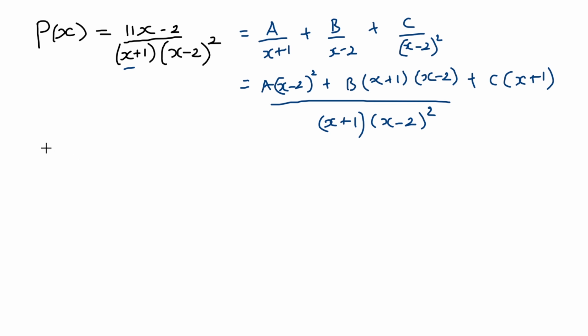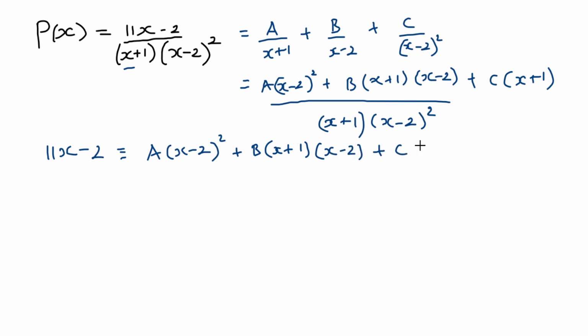So 11x minus 2 is equivalent to A into x minus 2 squared, plus B into x plus 1 into x minus 2, plus C into x plus 1. Now we need to find the values of the unknowns.